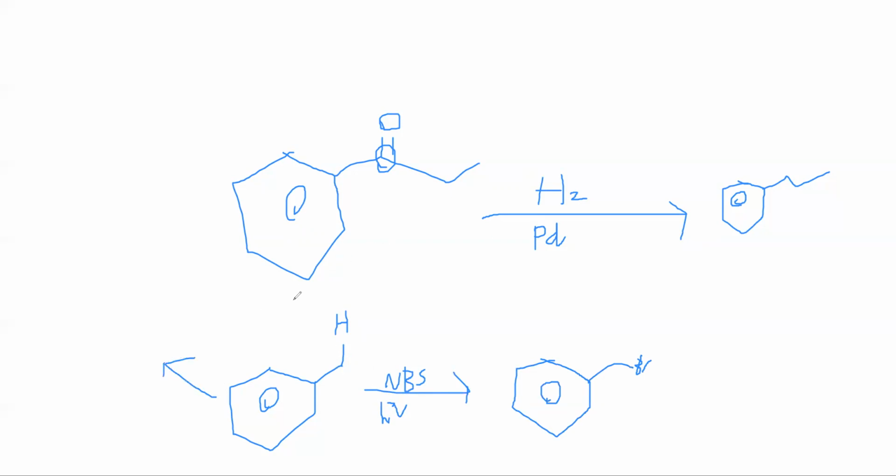And also, if you have a benzylic hydrogen and you treat this with KMnO4, it will turn the benzylic spot into a carboxylic acid.